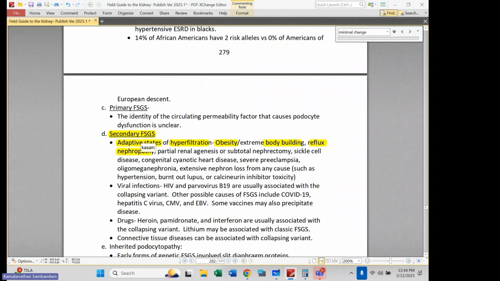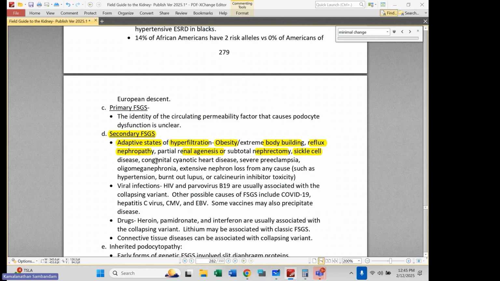This is basically an acceleration of the senescence of aging, right? If I biopsied an 80-year-old for hematuria, it's very likely I'm going to see focal sclerosis there just from the aging process, okay? And so this is a sort of accelerated aging process that might result from reduced renal mass.